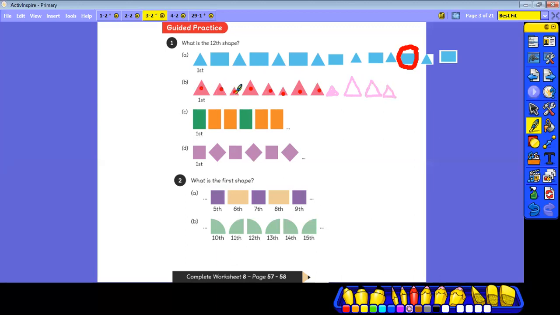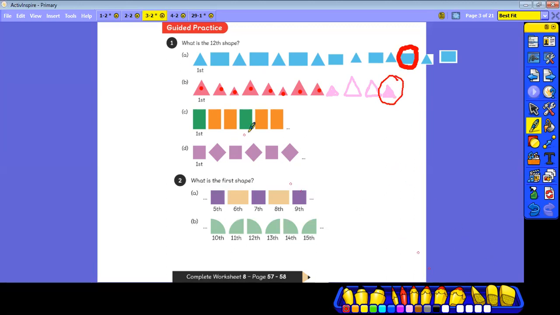First, second, third, fourth, fifth, sixth, 7, 8, 9, 10, 11, 12. So our 12th shape is a smaller triangle, okay? A smaller triangle, the smallest size there.